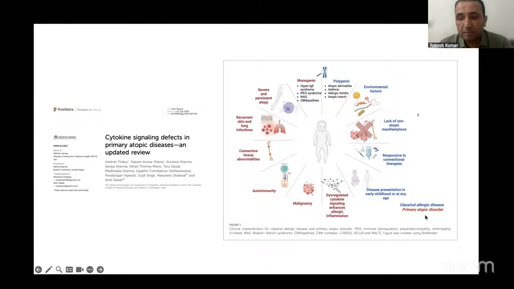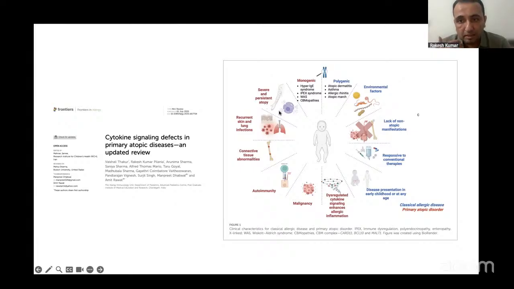While the patients with primary atopic disorders, which is the topic of concern today, are typically monogenic, something like we have discussed here: hyper IgE syndrome, IPEX syndrome, Wiskott-Aldrich syndrome, and CBMopathies. They can have severe and persistent atopy.